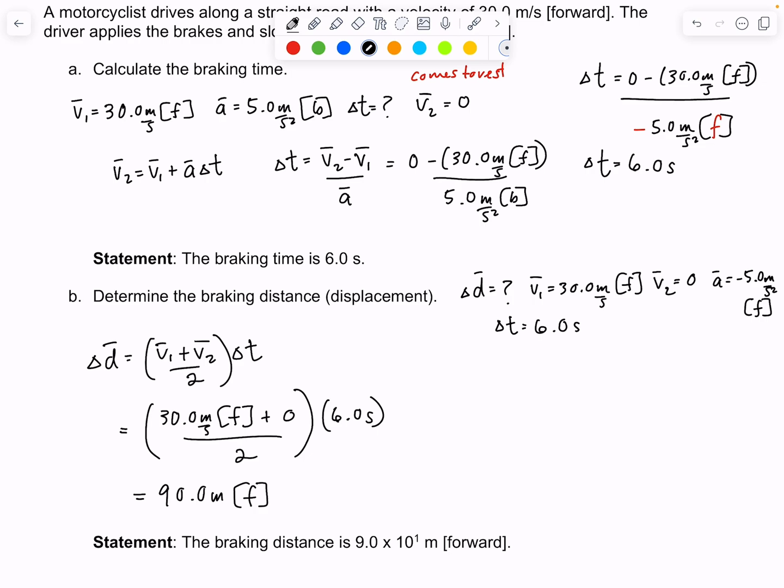There are too many digits here to report, and I can't simply get rid of the 0.0 because now I only have one digit and I need two. So if I write 90.0 as two significant digits, it becomes 9.0 times 10 to the power of 1 meters forward. Therefore, the braking distance is 9.0 times 10 to the power of 1 meters forward.